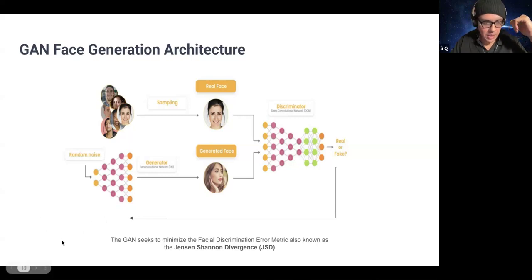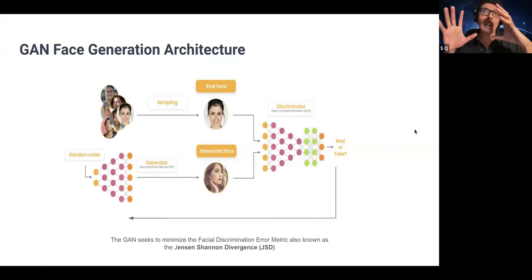So give me 1 second. One thing I mentioned here at the bottom is that mathematically speaking, because some might be wondering why this works, there's a metric called the Jensen-Shannon divergence. I'm not going to go too deep into that, but there has to be something that conveys the knowledge that the generator is getting closer to creating real things that can fool the discriminator.